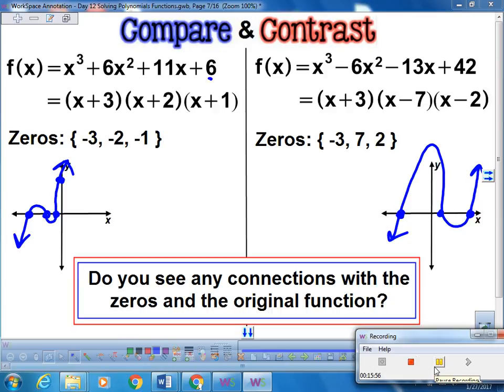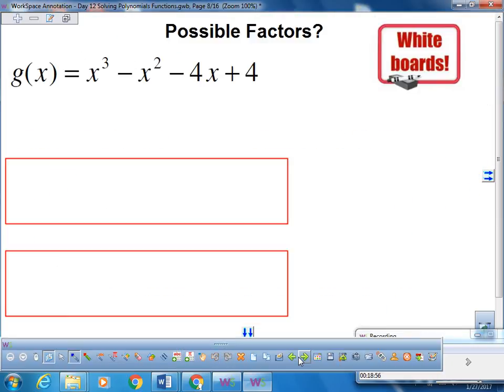Well, let's try and figure it out. Let's look at this one. I don't have any zeros. I have nowhere to start. So what would you try?